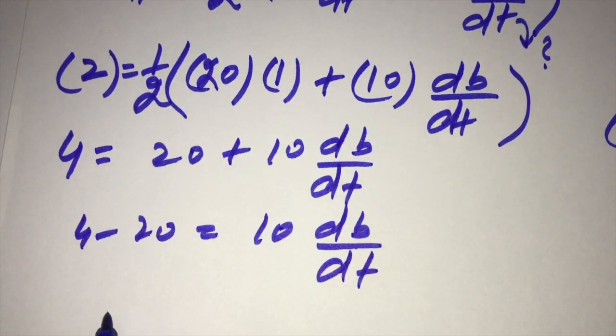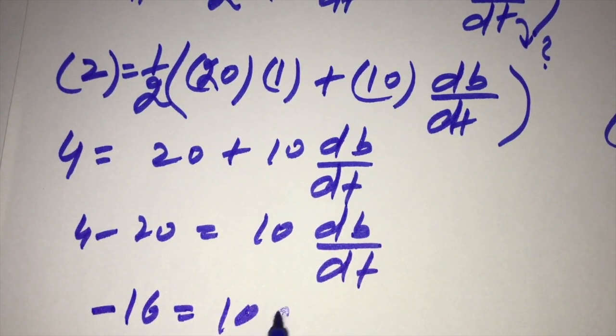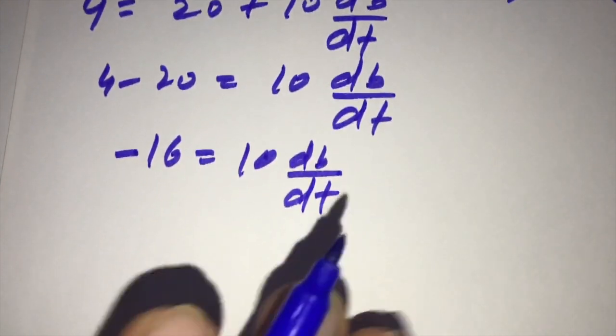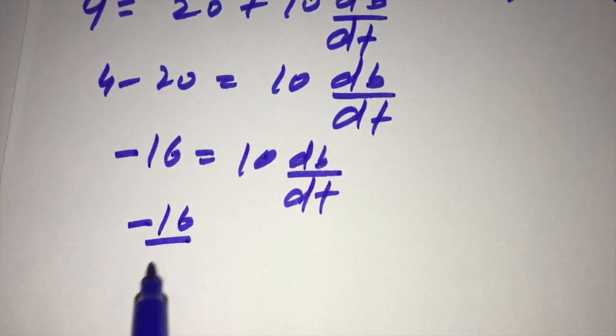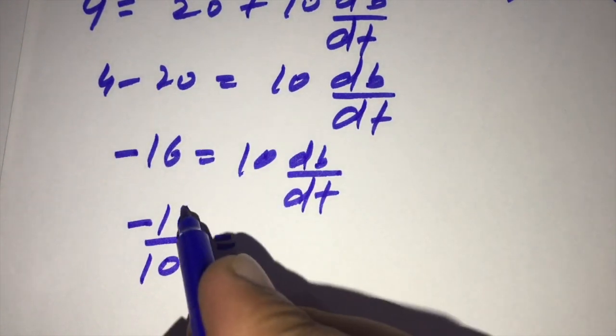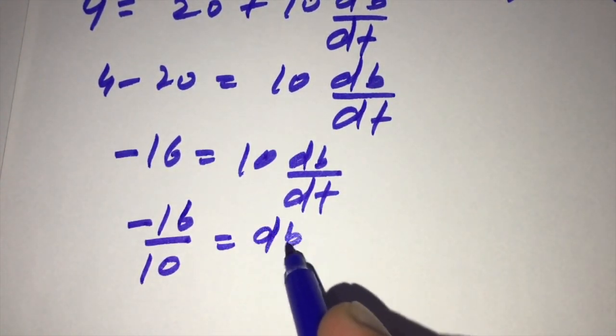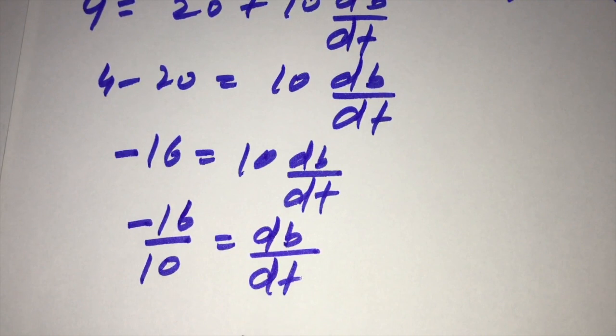So here we get minus 16 is equal to 10 dB by dt. Divide by 10 on both sides, so we get minus 16 divided by 10 is equal to dB by dt.